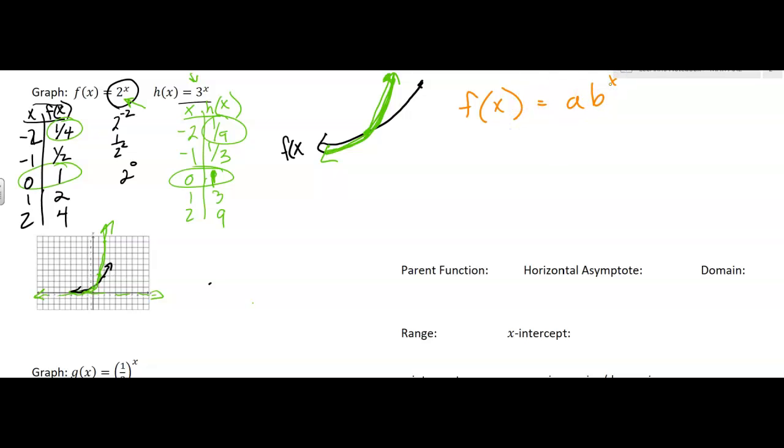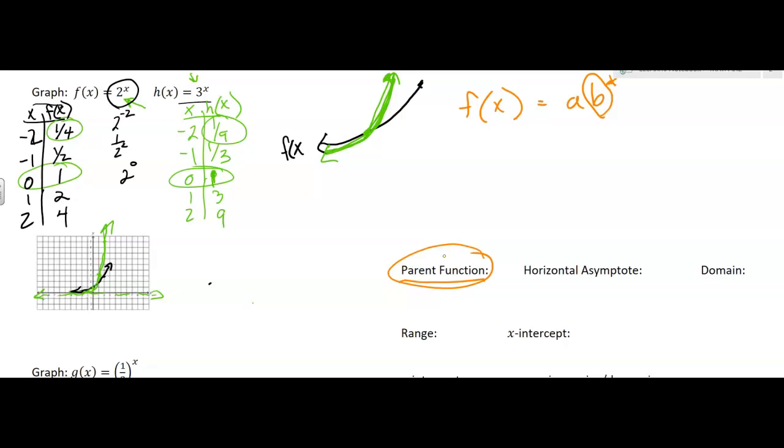I think that's what we had for our general form. It makes a difference what b is, okay? So they refer to this as what's called the parent function. When that base is consistent, and then you're going to make some transformations to it, that's what they're talking about, but they're going to use that term. I'll try to go over it again.